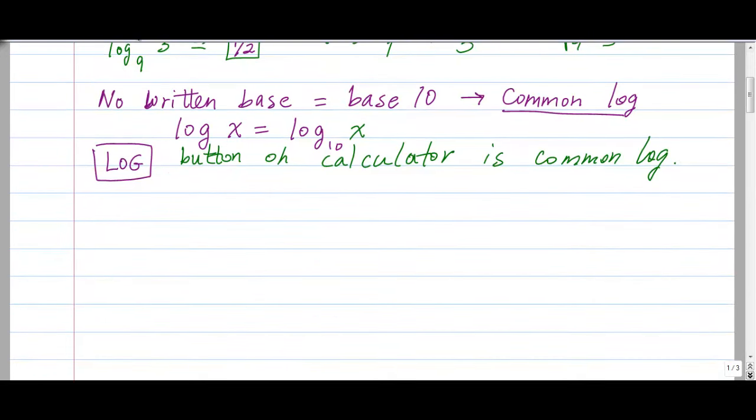Okay. If your base is e, that's the other note, remember e is this number 2.71828, then we call it natural log.